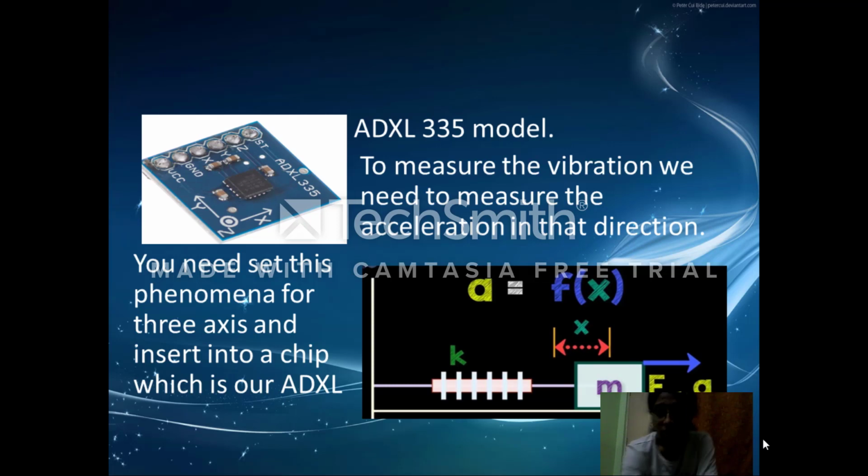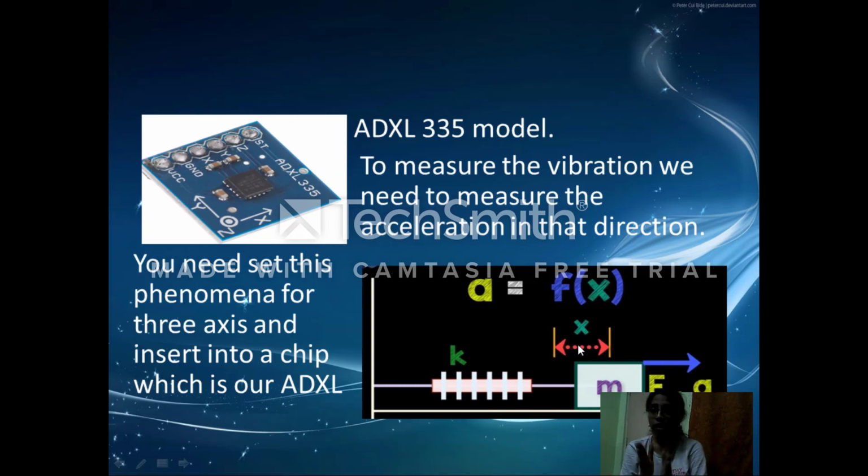If we are applying force on this mass in this direction, the acceleration will also be in that direction. The displacement will be like this. The particle M will move in that direction.